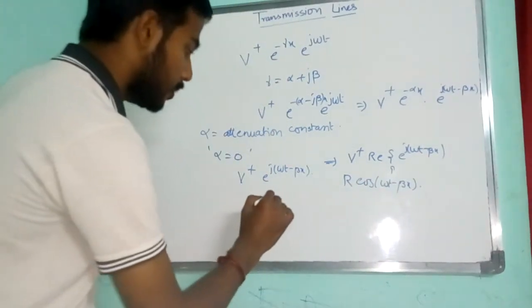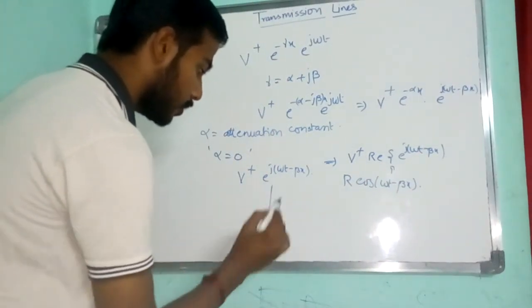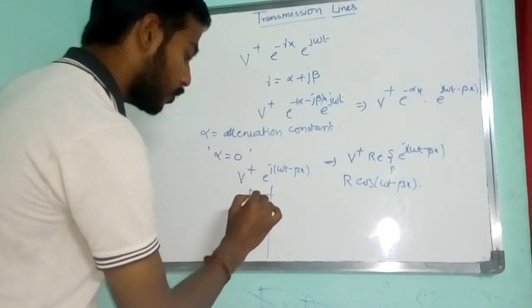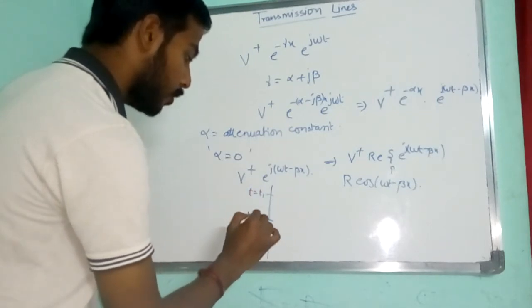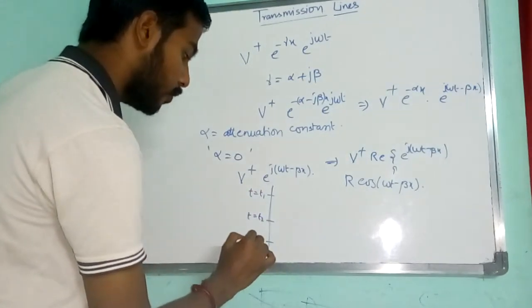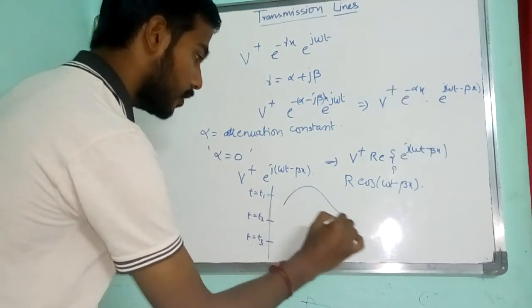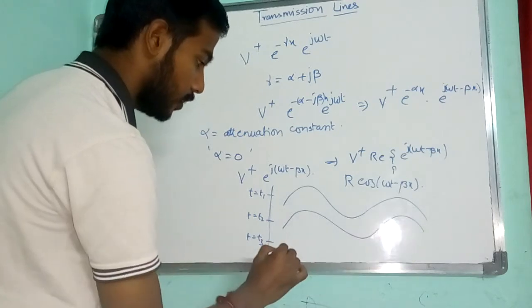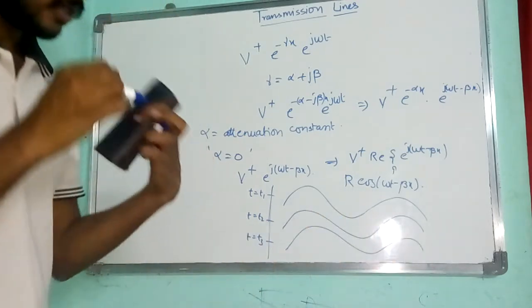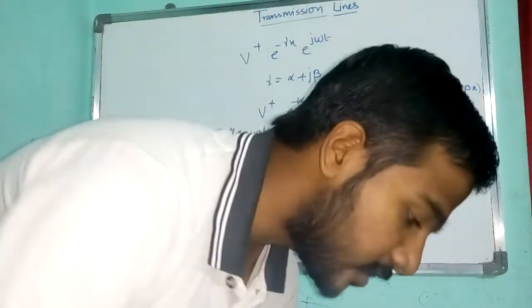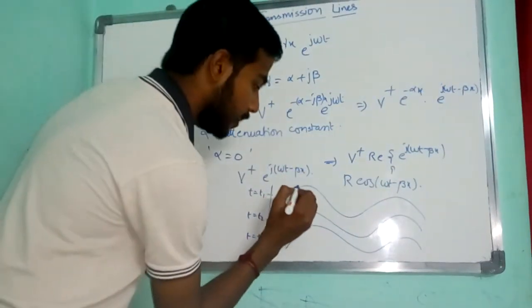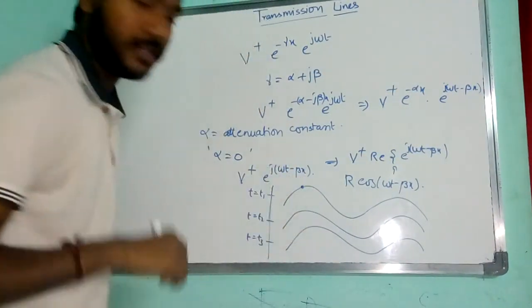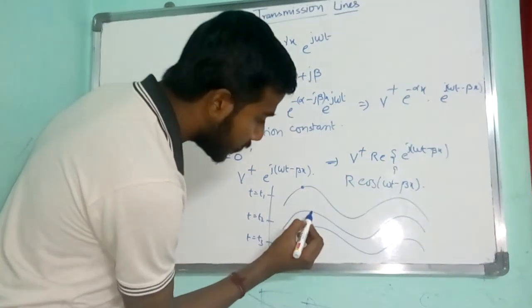So suppose this is time t equal to t1, t equal to t2, t equal to t3, and this was my first wave, second, third. Now suppose at time t equal to 0, my peak is at this point. Next, my peak will be here.